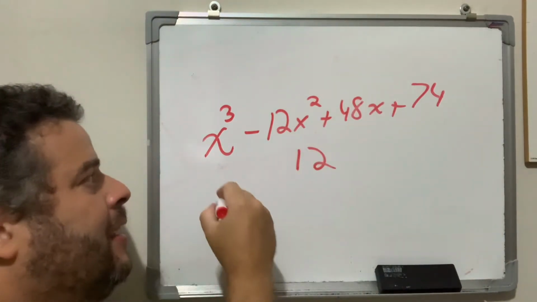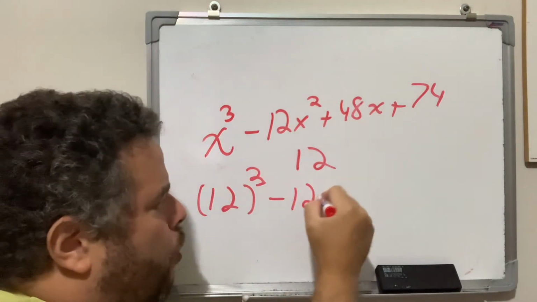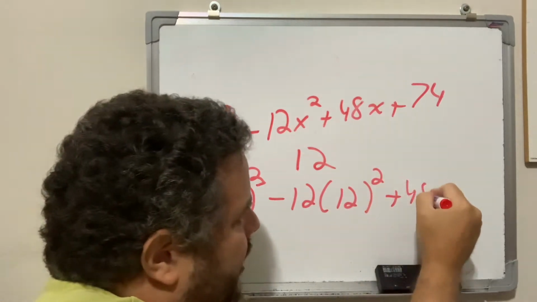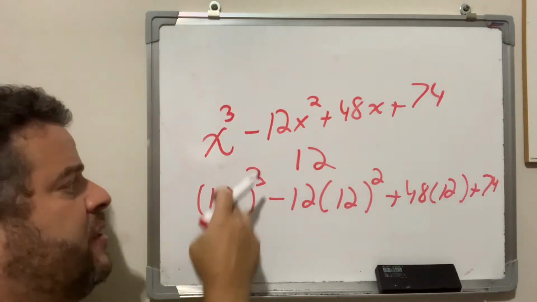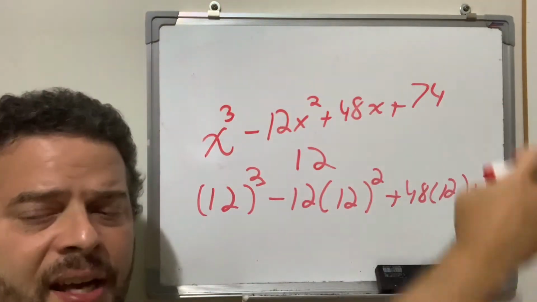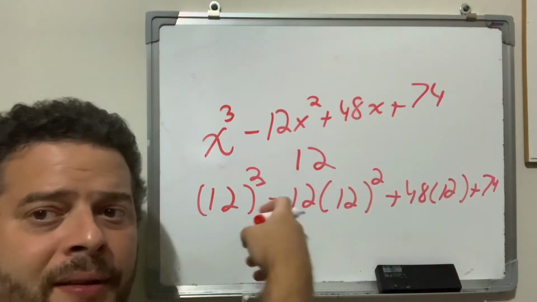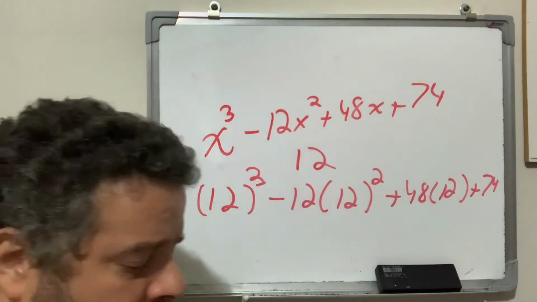Now, previously, you had to do 12 cubed minus 12 times 12 squared plus 48 times 12 plus 74. Basically, substitute your 12 in each x, properly expand the exponents, multiply, combine like terms.